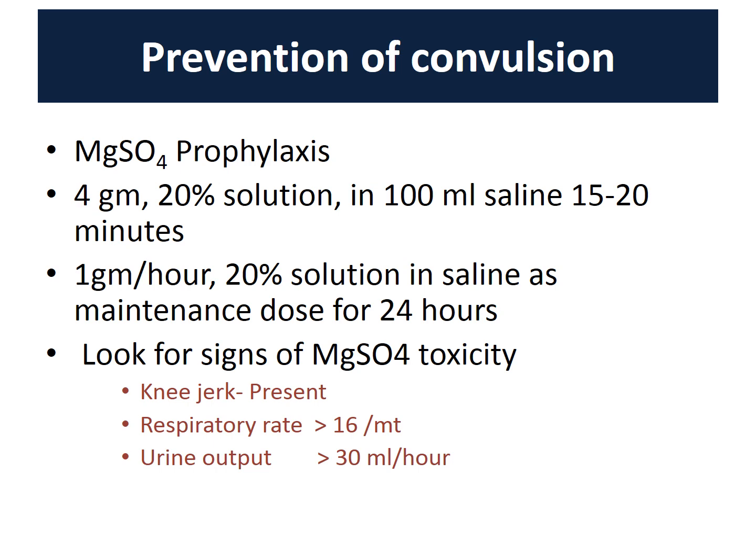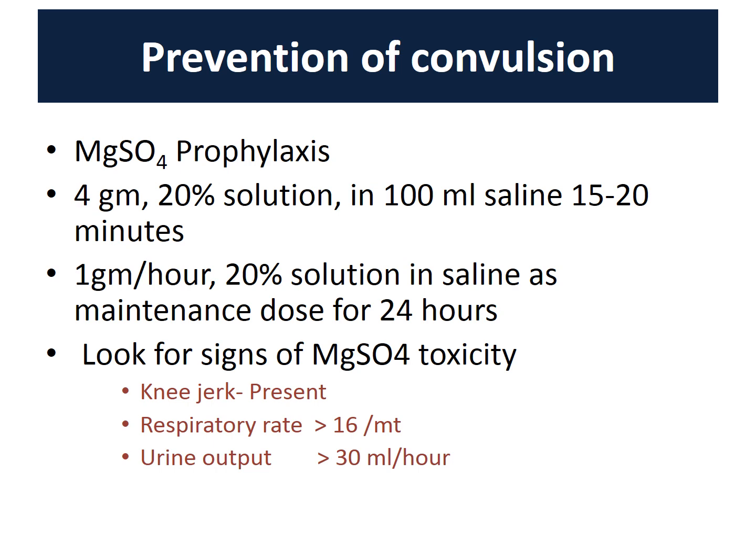When renal dysfunction is there, the excretion of the drug will be affected and toxicity will appear even at a lower level. So during magnesium sulfate infusion, check the knee jerk.